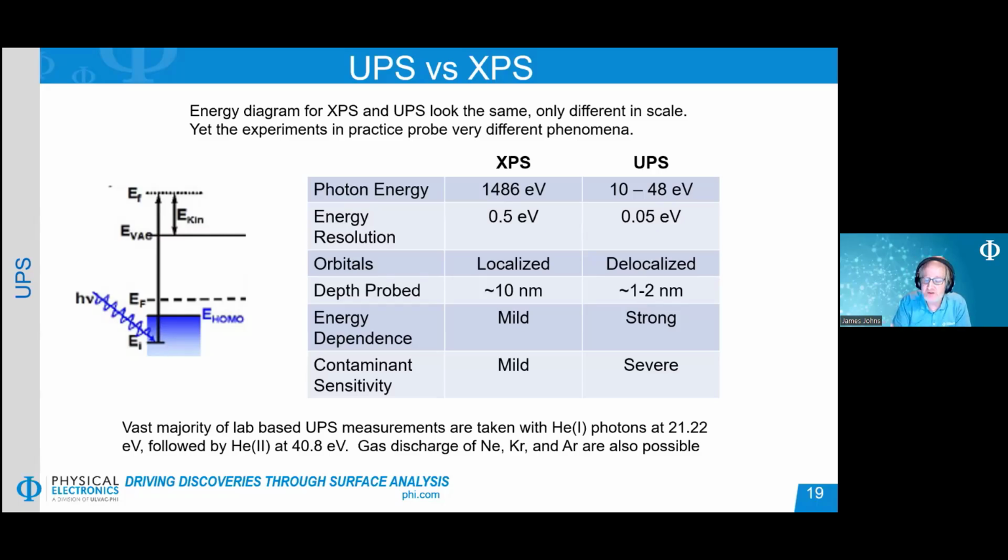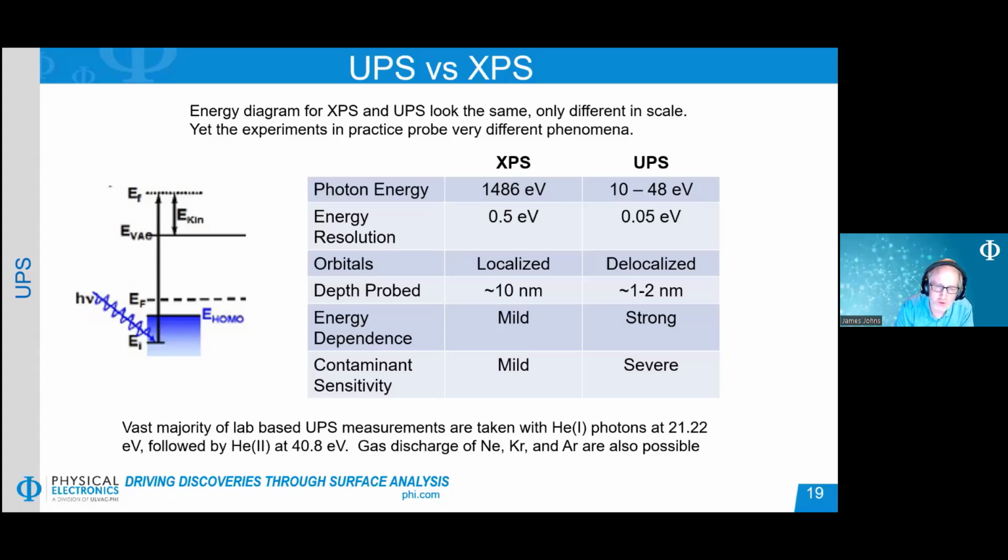They're not probing just the density of states. They're also probing the transition dipole moment, and that has a strong energy dependence. So just be aware that when you look at UPS spectra taken with different energies, they will look different.